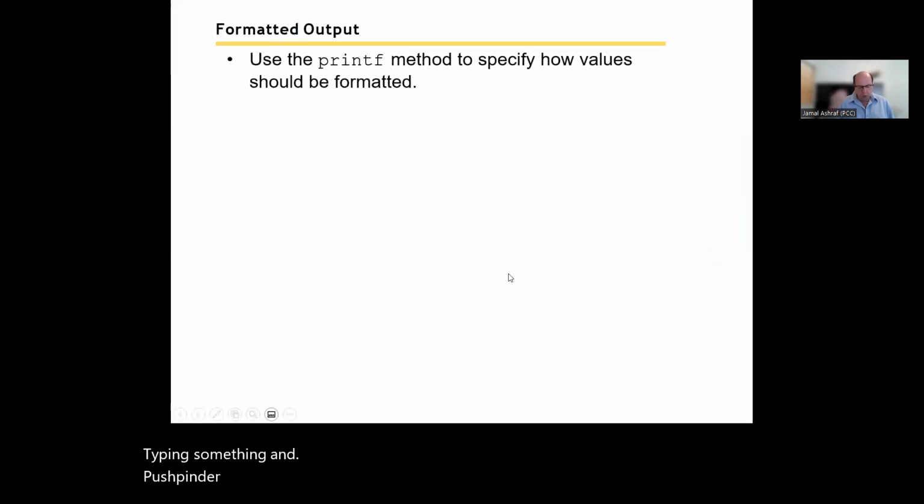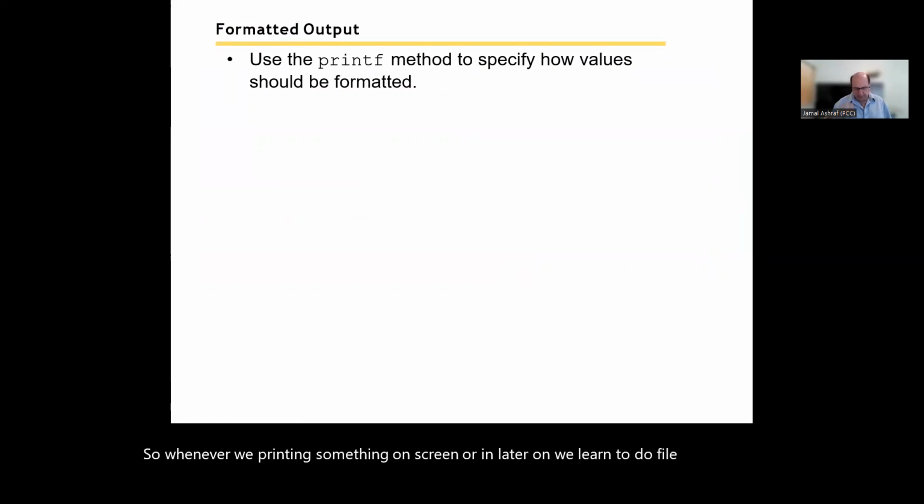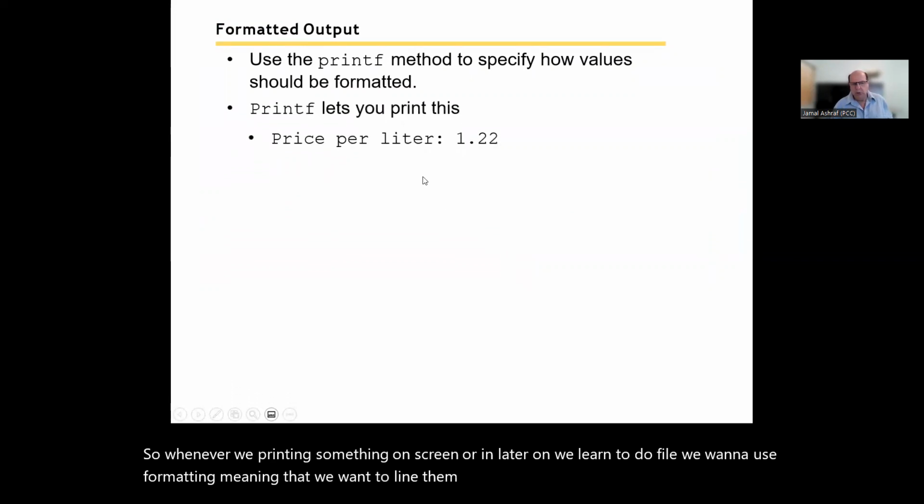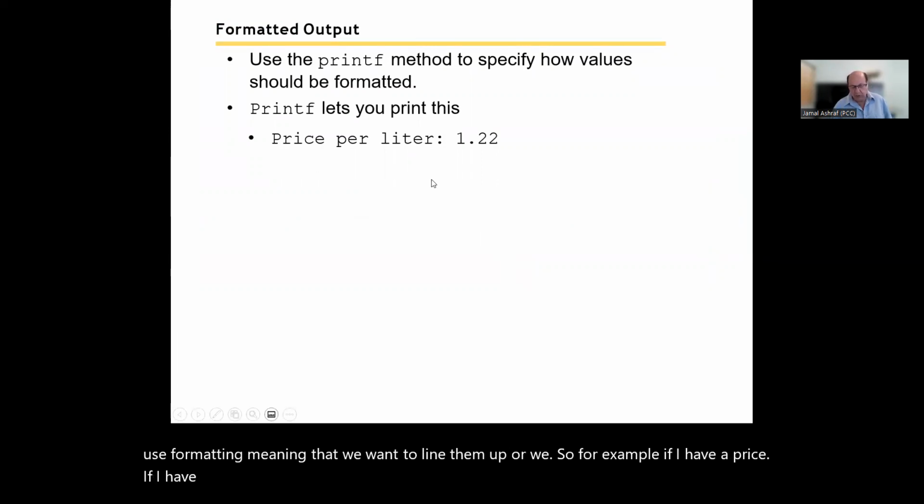Okay, so whenever we are printing something on a screen or later on we learn to do file, we want to use formatting, meaning that we want to line them up. So for example, if I have a price, price in double, it can have a lot of numbers in the precision.